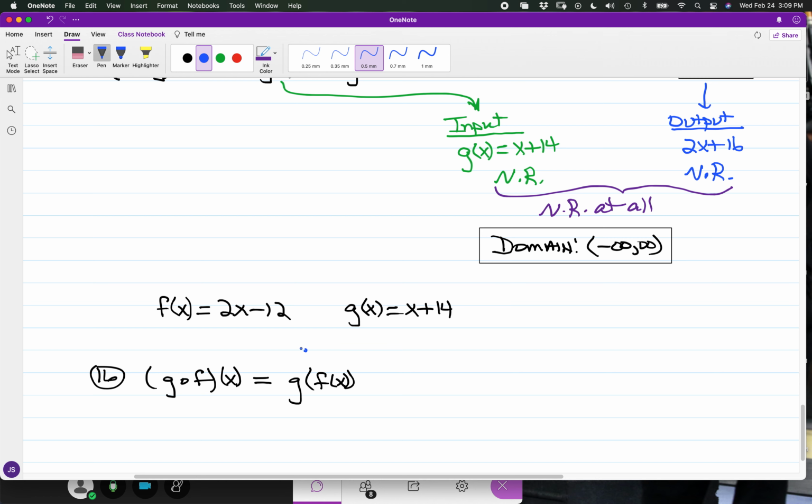And again, g of the input is equal to the sum of the input and 14. Now with the input as f of x, this can be f of x plus 14, and f of x is 2x minus 12.